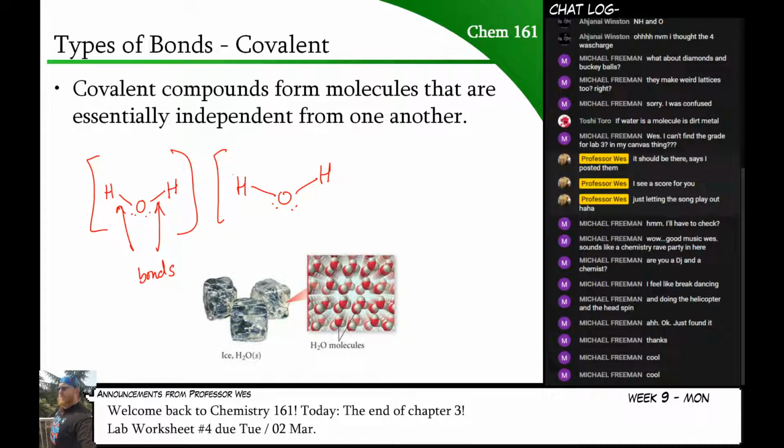But there's nothing in this space that holds these two atoms together, these two H's, or this H and this O, or whatever. And so I get all of these independent little things that are floating around and moving in whichever way that they want to. And these independent entities are what we call molecules. So covalent compounds form discrete molecules that don't stick to each other through bonding.